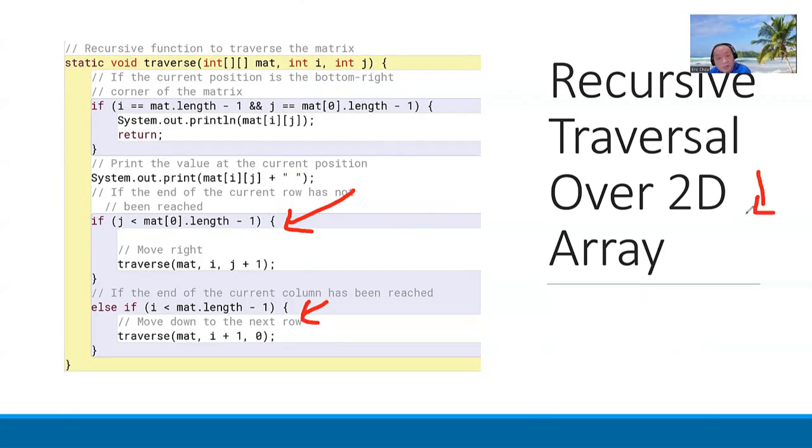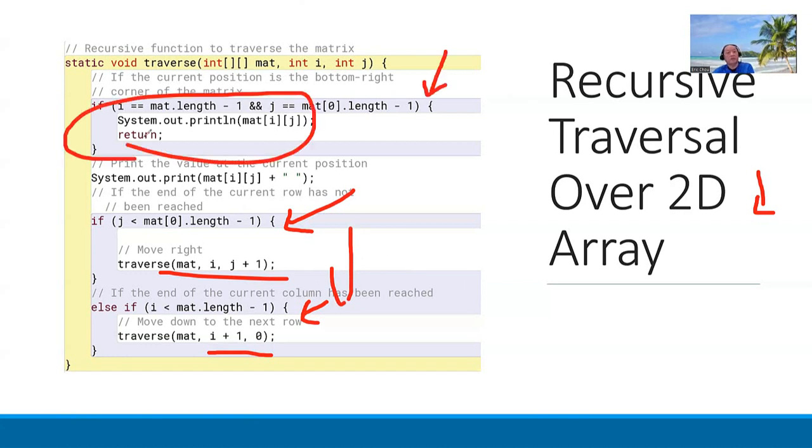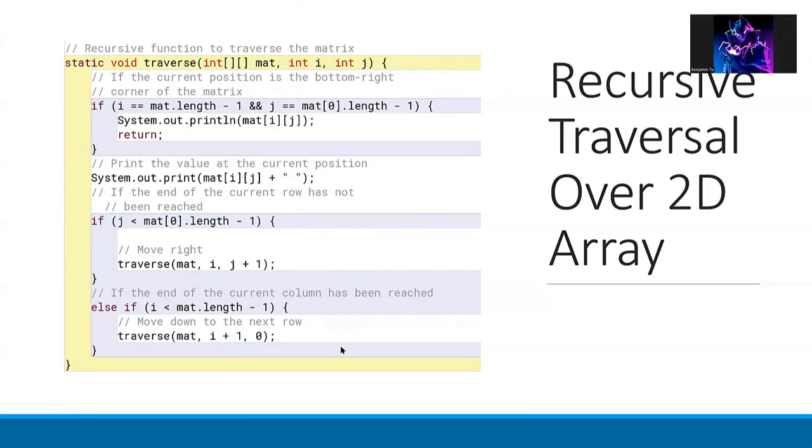If not changing line, you continue to grow J. If changing line, you reset J and then start from the next I. When these two both don't happen, you go to the termination condition. So it actually is fine. Any question on this one? No? Okay, so it's not really that hard.